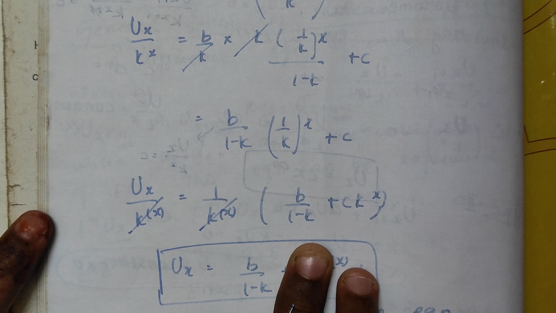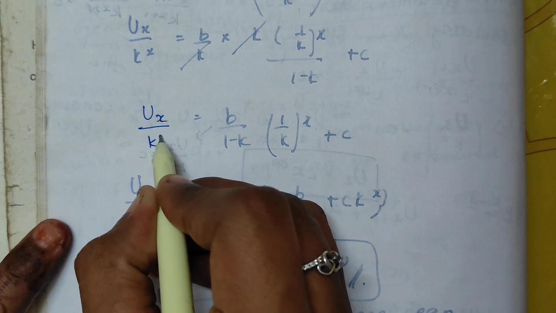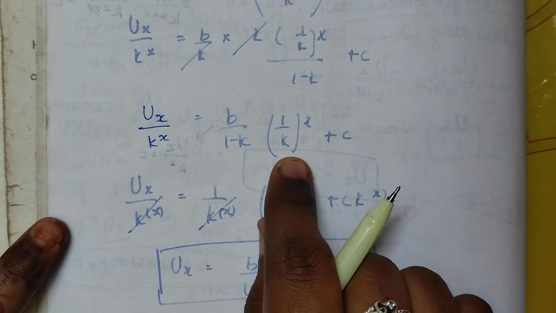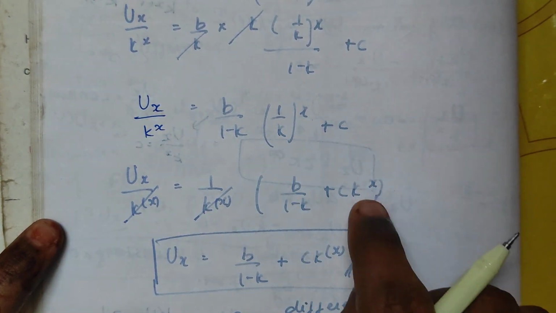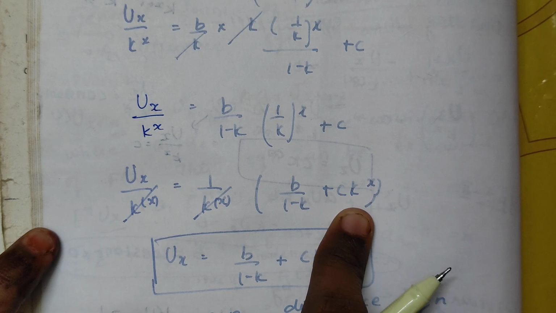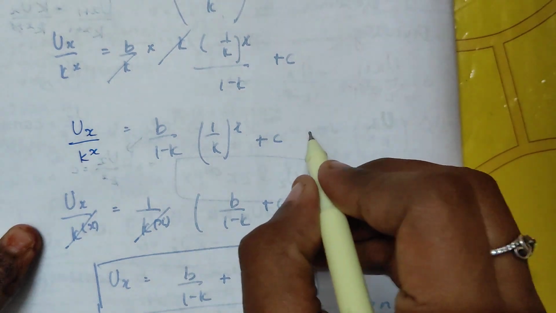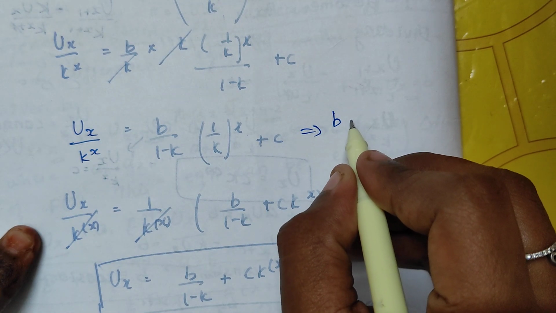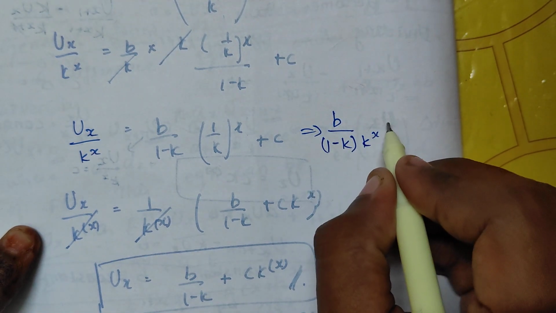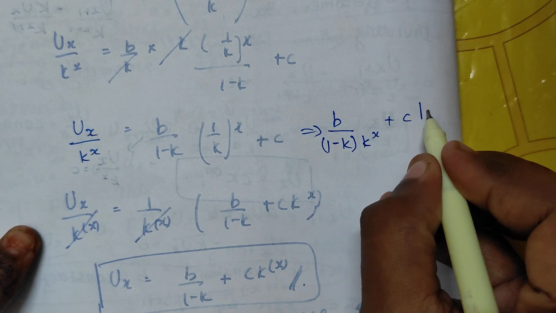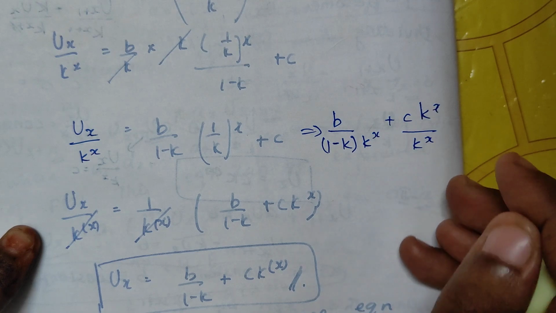Then here on the left hand side I have u(x) divided by k power x, and here also I have k power x, so I'm taking LCM. You will get b divided by 1 minus k into k power x, plus c into k power x, divided by k power x.